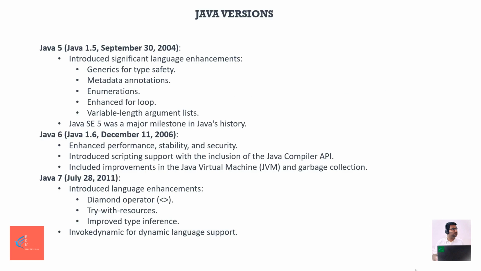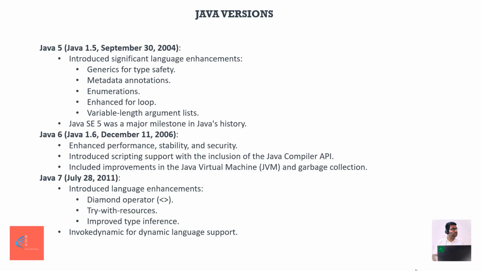After that, we have Java 5 or Java 1.5 in 2004. It introduced significant language enhancements like generics for type safety, metadata annotations, enumerations, enhanced for loop, and variable length argument list. It was a major milestone in Java history.